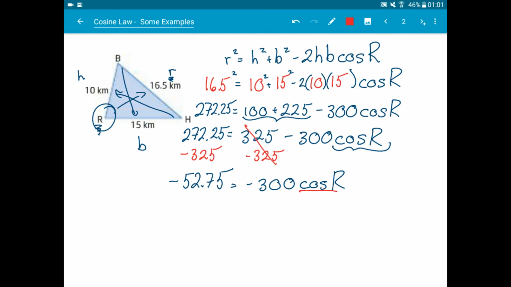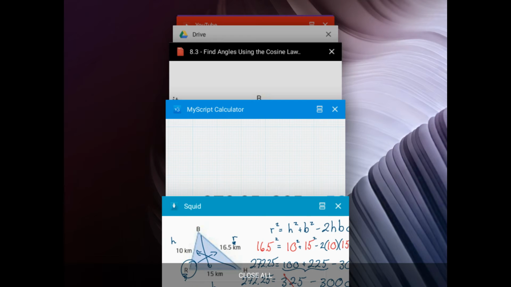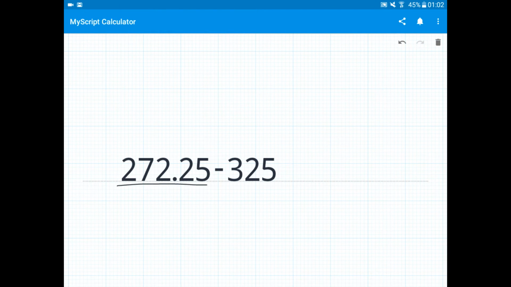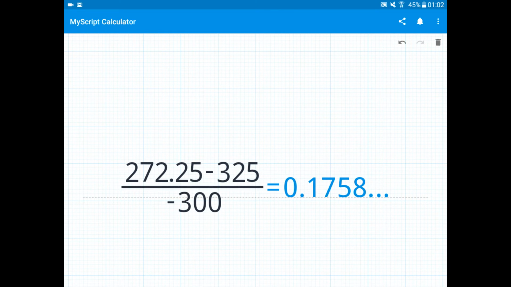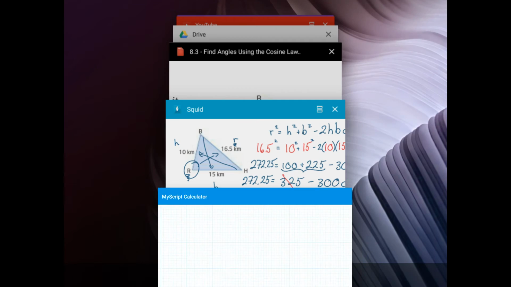Now, we want cosine R by itself. So what are we going to do? We're going to divide both sides by minus 300. Okay, so when we do that, we get 0.1758.